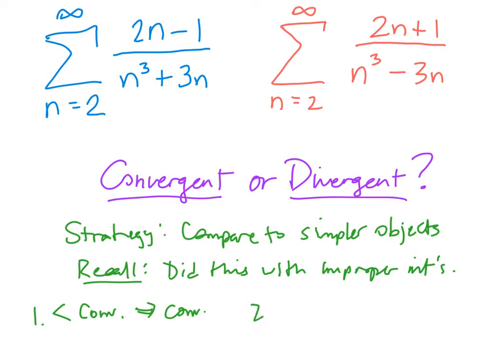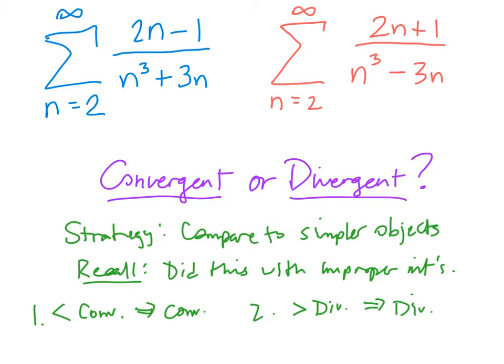And then principle two is, if I'm looking at some series or integral that I know is greater than another one that I know is divergent, then I know that the series or integral I'm looking at is divergent. So to put it as simply as possible, less than convergent is convergent, greater than divergent is divergent. Those two principles are true of improper integrals, and they're also true of infinite series.